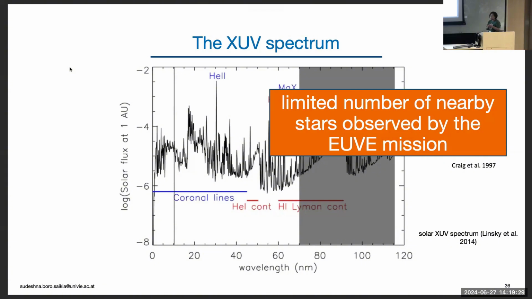There are some observations of cool stars available, and there is this nice catalog of stars from Craig 1997. Now, the problem is that these are well-known active stars, and these are not necessarily representative of exoplanet host stars. So you might be thinking, how can we improve on this?